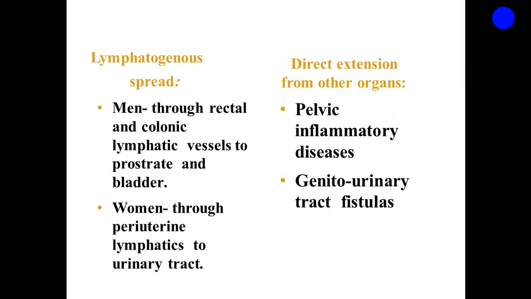The lymphatogenous spread is mainly through rectal and colonic lymphatic vessels to the prostate and bladder, and in women through the periuterine lymphatics to the urinary tract. For direct extension from other organs, we have pelvic inflammatory disease and genitourinary tract fistulas.